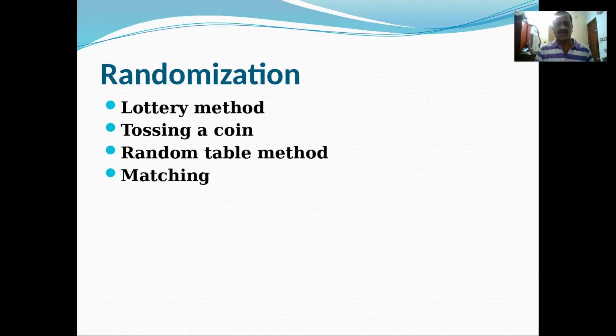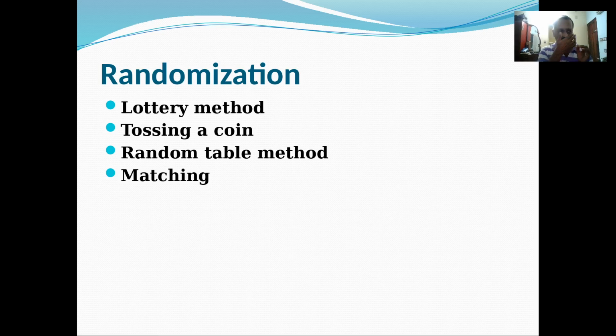So without any prejudice, you are selecting a number, and from that point you can travel to the number on the right side, left side, top or bottom, but after that you have to systematically follow the numbers following it. Whichever number comes, you allocate into the experimental group or the control group. So this is the random table method. The random table method is an ideal method for randomization.